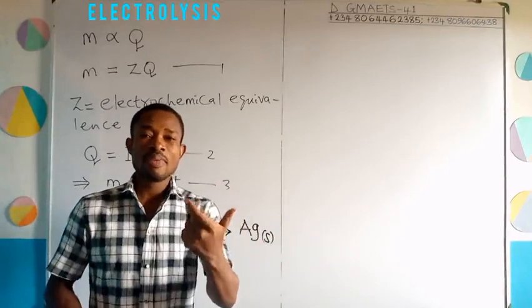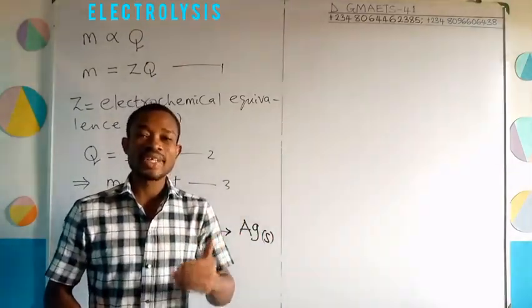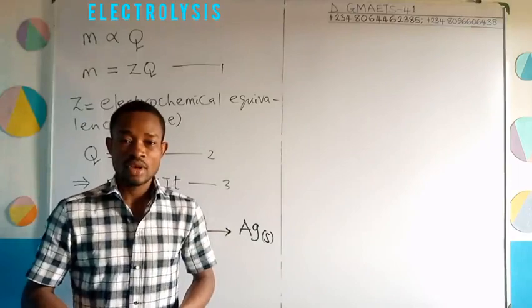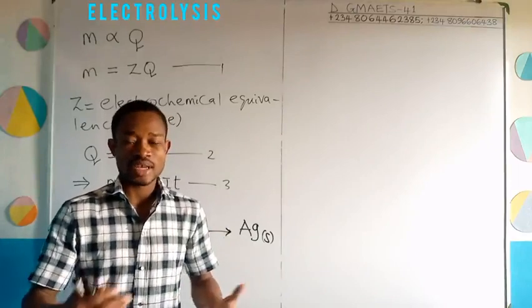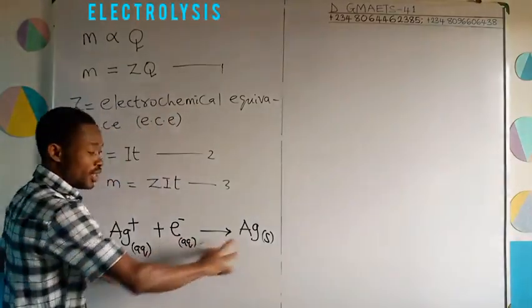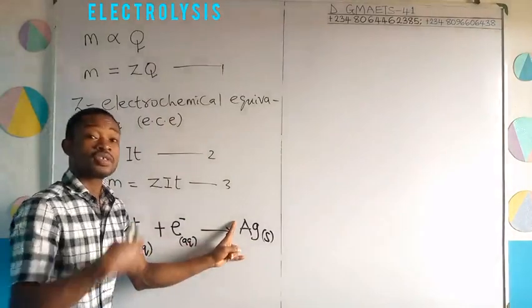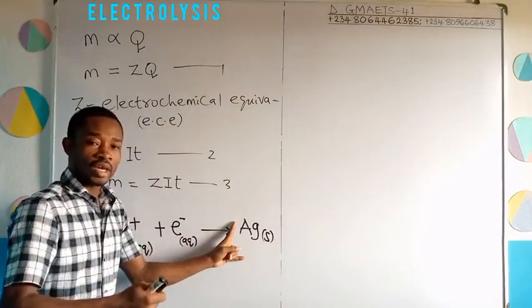And remember, please, that 1 mole of every substance is equal to the relative atomic mass of that substance. For example, silver is 108. That's the relative atomic mass. Are you following? So this reaction you're seeing here deposited 1 mole of silver, which is equivalent to 108 grams of silver.